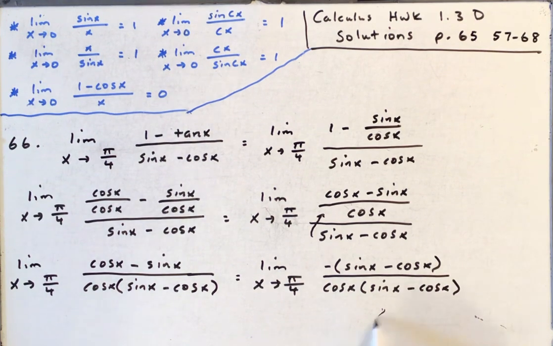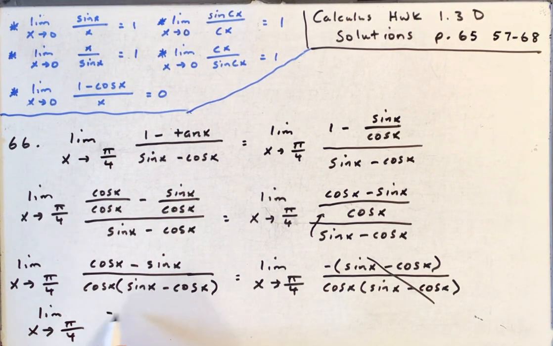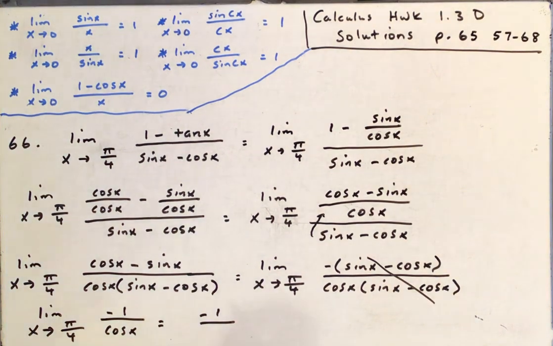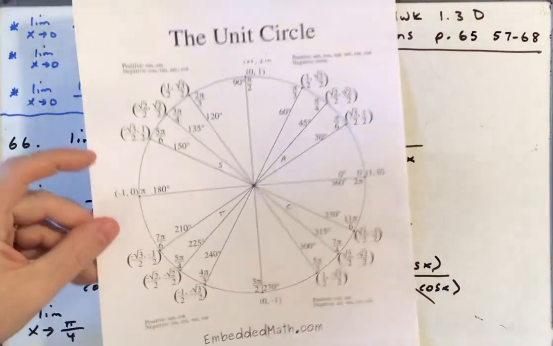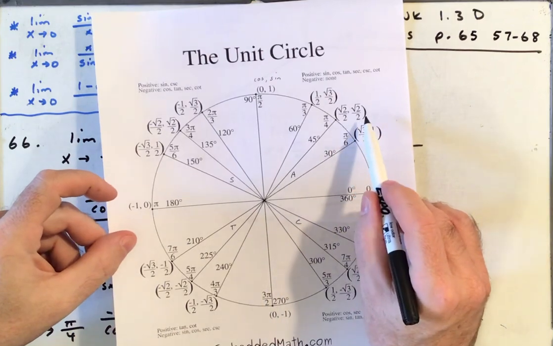All right, well, what happens here to the sine x minus cosine x? It cancels. So I've got the limit as x approaches pi over 4 of -1 over cosine x. You know that cosine of pi over 4, you get to use your unit circle here, is root 2 over 2.